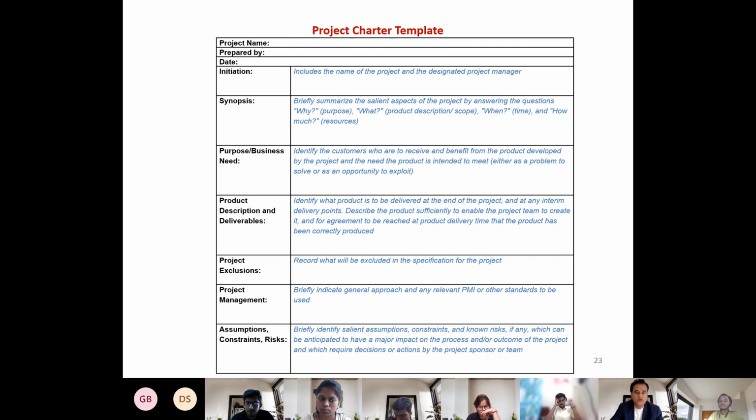So what should be the exclusion? Now, there is a protocol to write exclusions. The protocol is that anything which could be misunderstood to be included will have to be specifically told that this is excluded. So I will not write that exclusion means the seeds are excluded or the caretaker is excluded. Those are irrelevant.